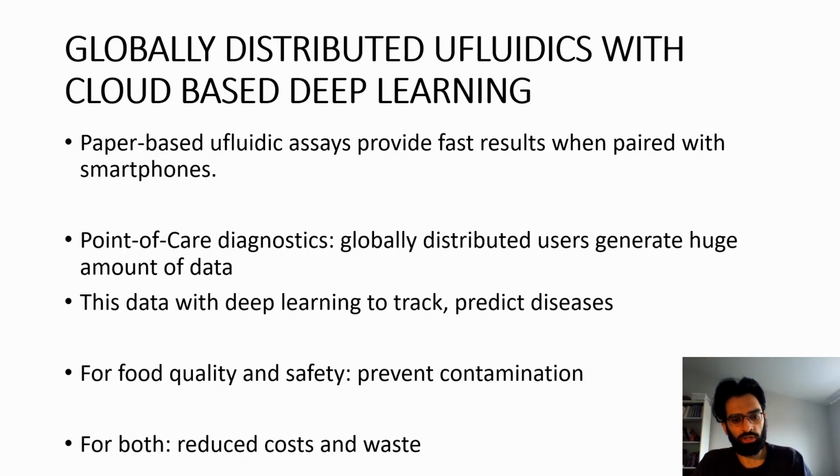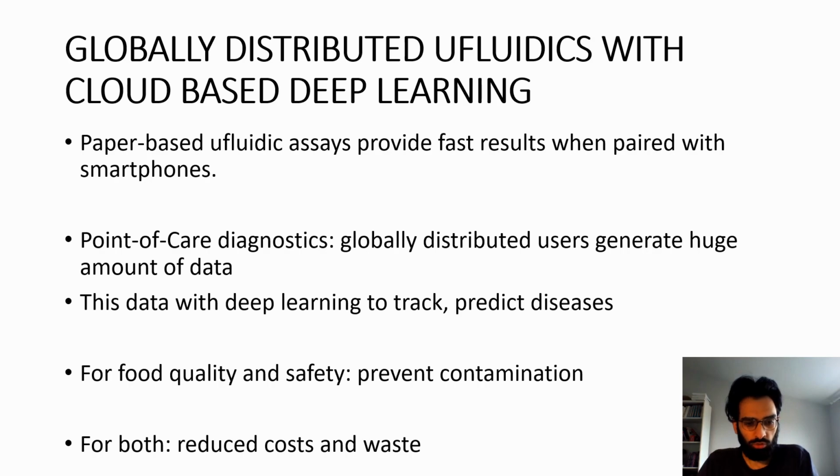For instance, for point-of-care diagnostics, globally distributed users can generate huge amounts of data from all around the world. We could get point-of-care diagnostic results into our system and track this data, so that we can track or sometimes predict diseases or predict their spread around the world.